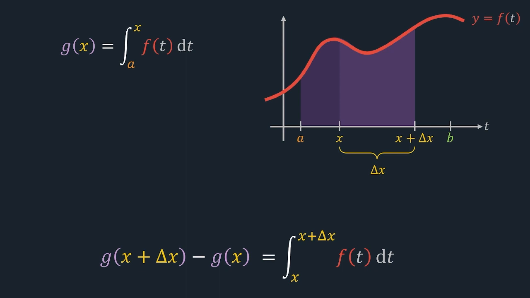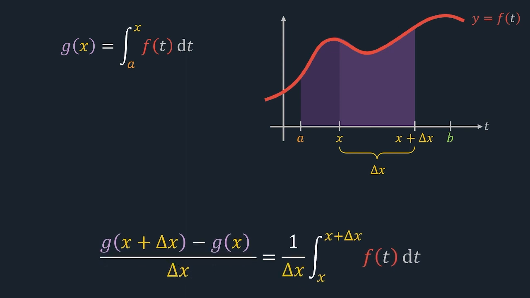So what we found is that g of x plus delta x minus g of x is equal to the integral of f of t dt from x to x plus delta x. Next, divide both sides by delta x. And let's assume for now that delta x is positive.